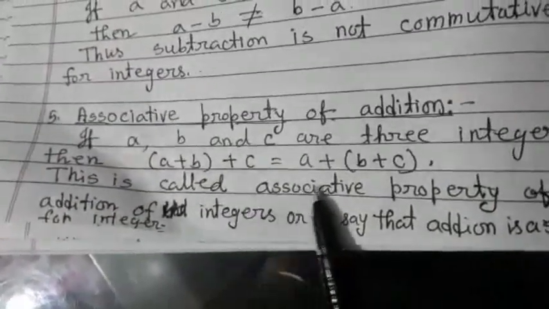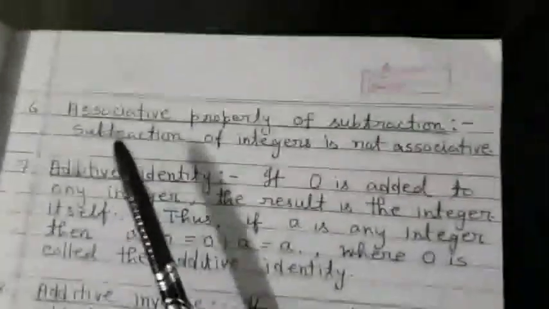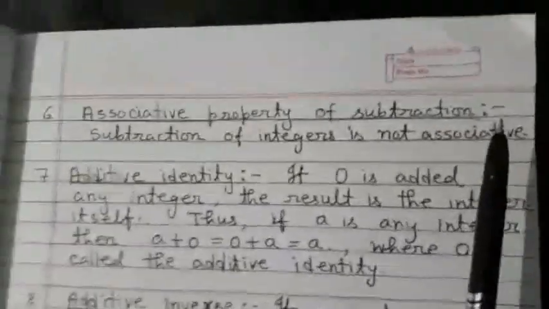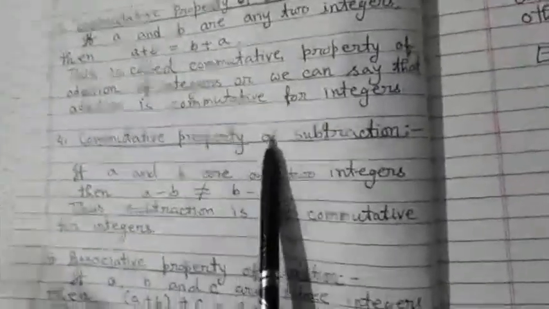This is called the associative property. Subtraction of integers is not associative, just like the commutative property of subtraction.